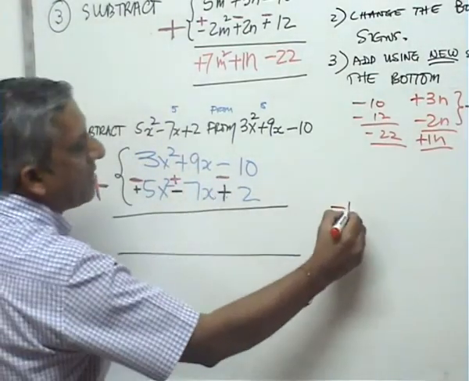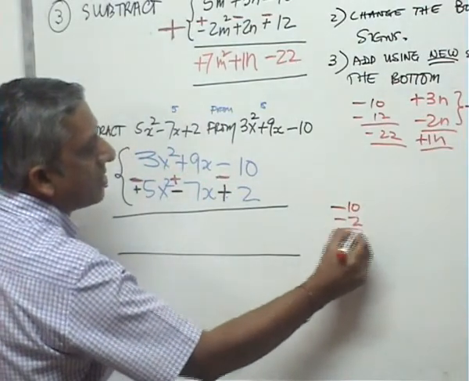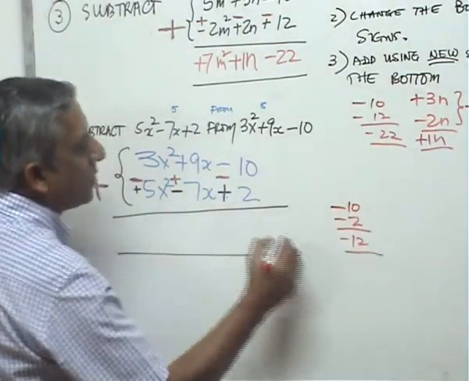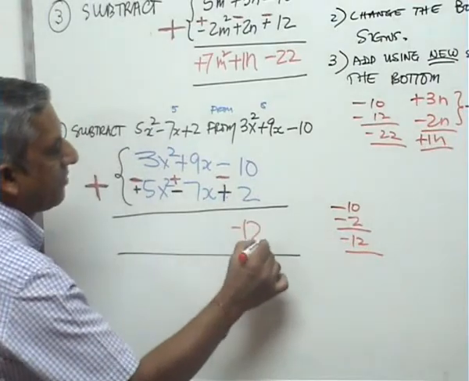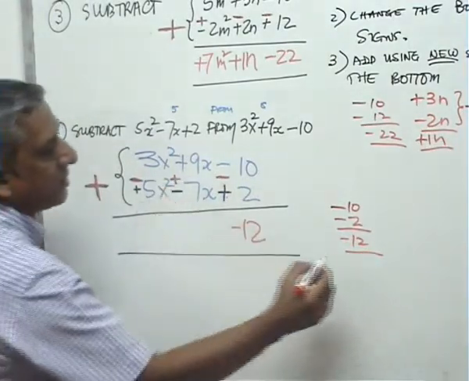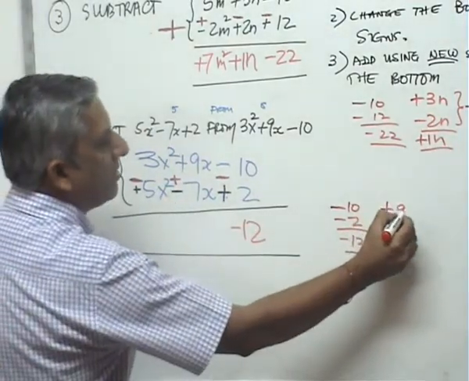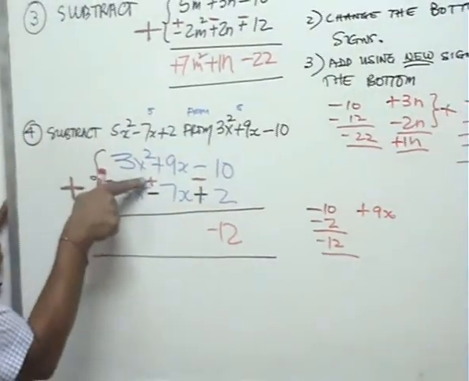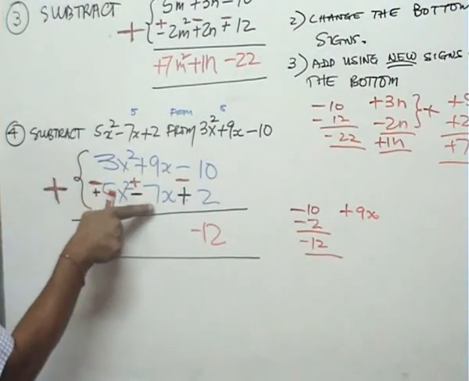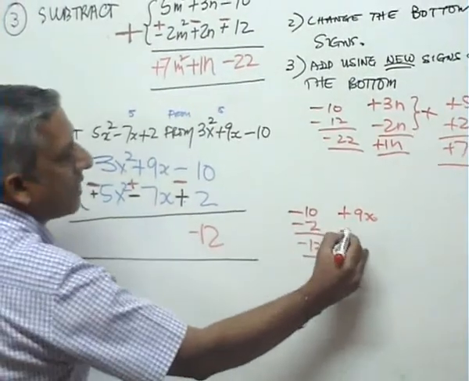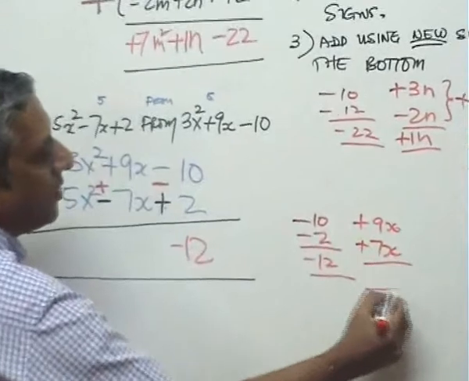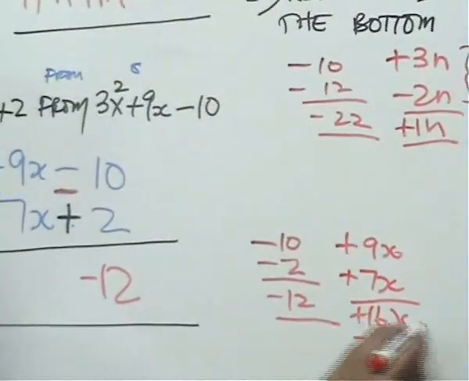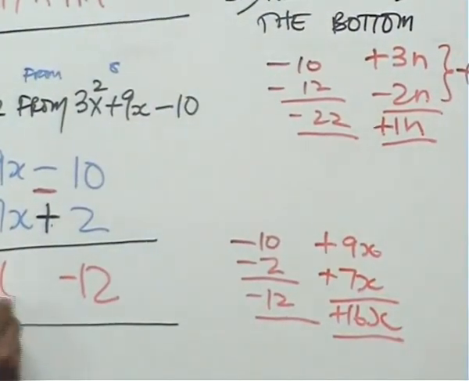So here you are adding minus 10 and minus 2. You get minus 12. So this answer is minus 12. Here you are adding plus 9x and, using the new sign, plus 7x. When you add that up, you get plus 16x.